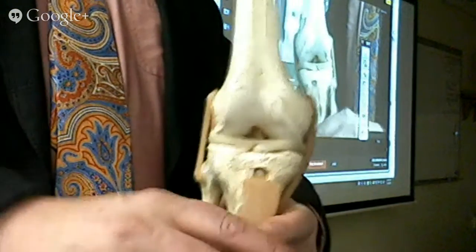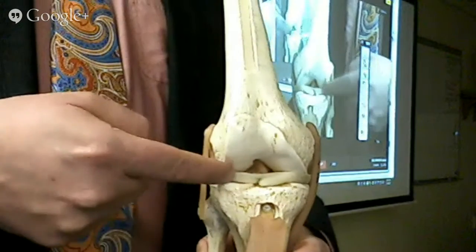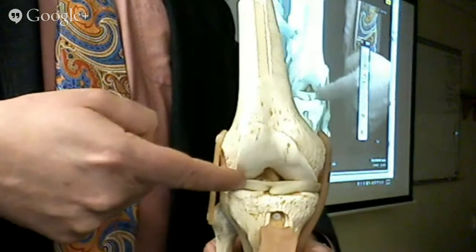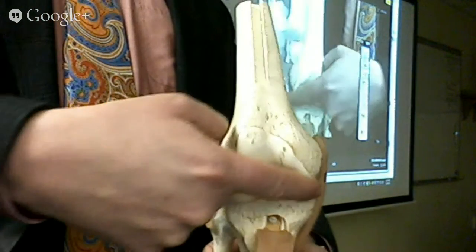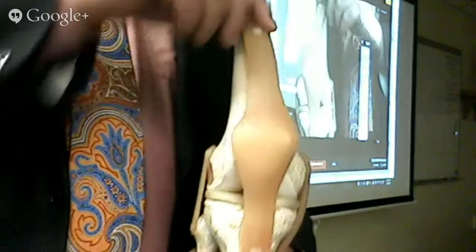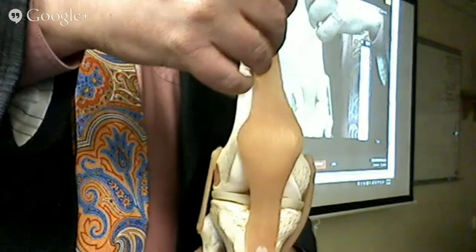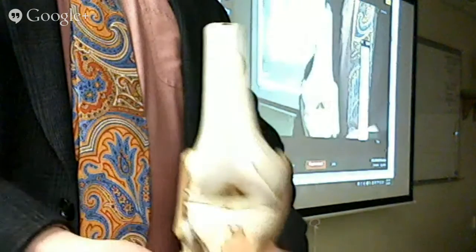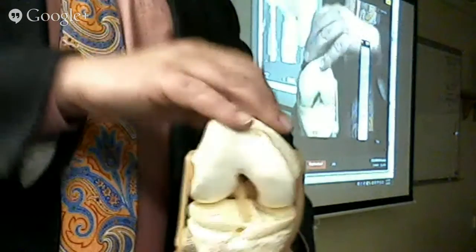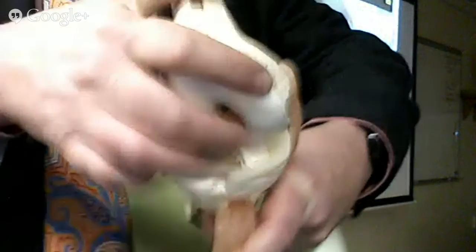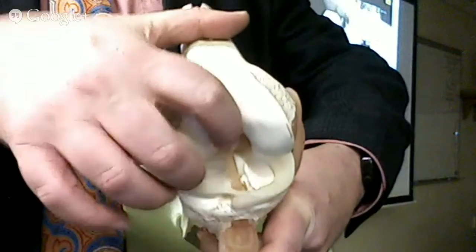So first off, while I'm here, the menisci are here. This is the lateral meniscus. This is the medial meniscus. I have pulled the quadriceps tendon and the patellar ligament out of the way so we can see in here a little bit. And if we open up the joint like that, we can look down on the meniscus a little bit there.